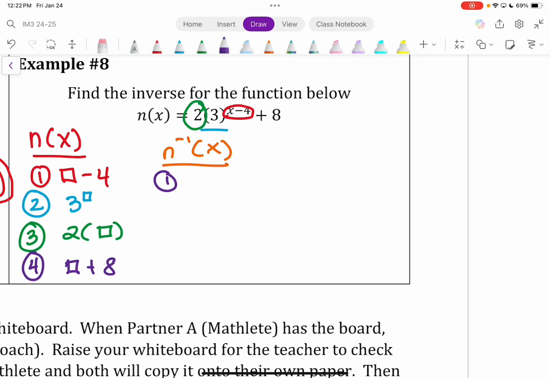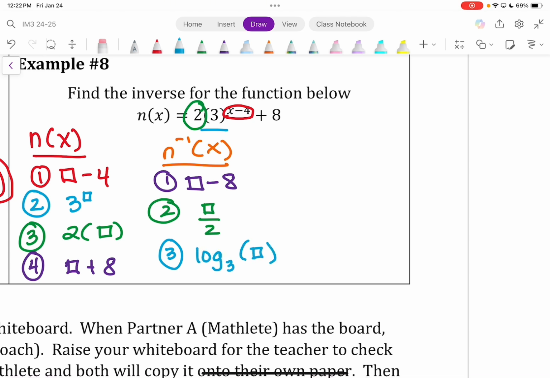As we look at the inverse, the opposite of plus 8 is minus 8. The opposite of times 2 is dividing by 2. The opposite of 3 to the box is log base 3 of the box. And finally, the opposite of minus 4 is plus 4.